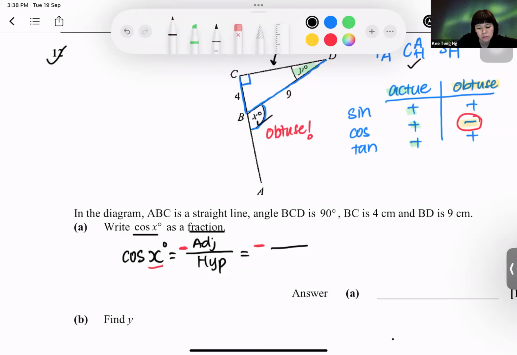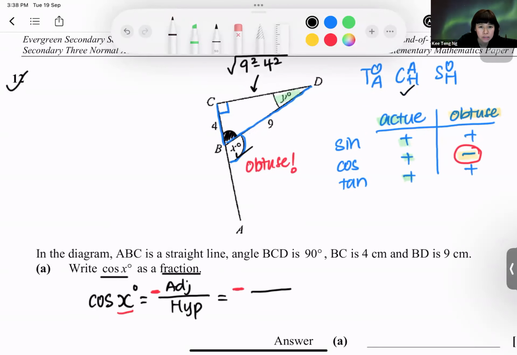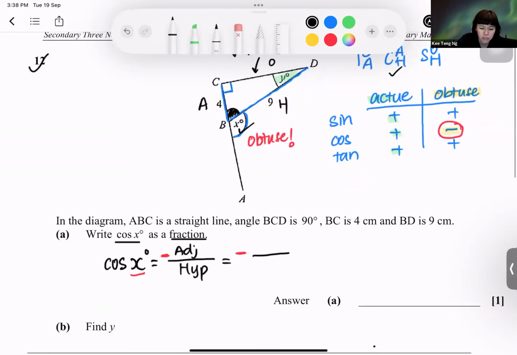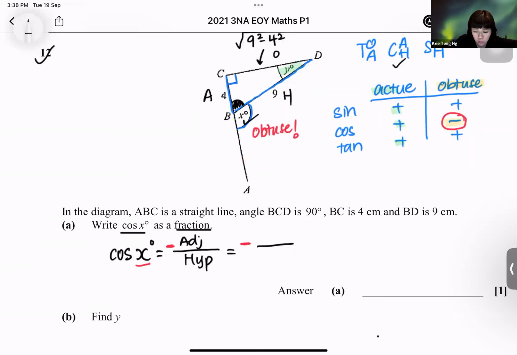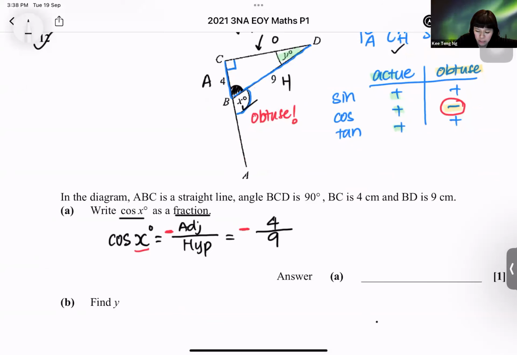But this angle is not 90 degrees, we don't have a right angle triangle, so we're going to use the angle beside it, the acute angle. Cosine of this angle, where is the adjacent? The adjacent will be here, that will be opposite, then this is the hypotenuse. So A over H, negative A over H, that will be 4 over 9. Negative 4 over 9.